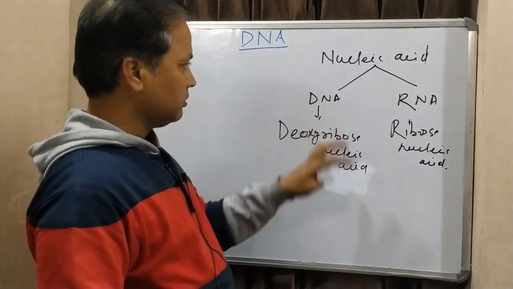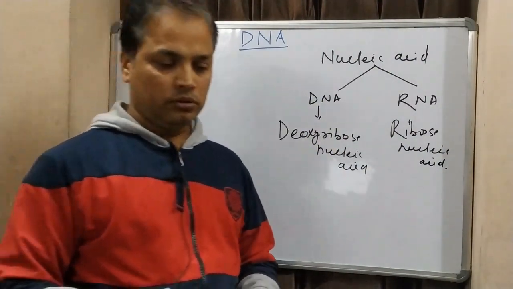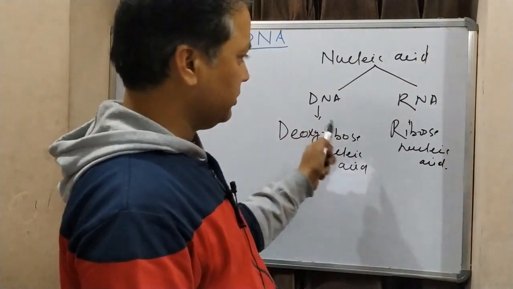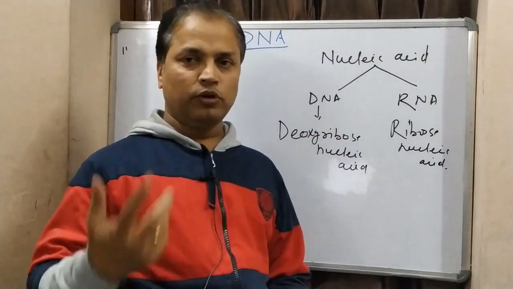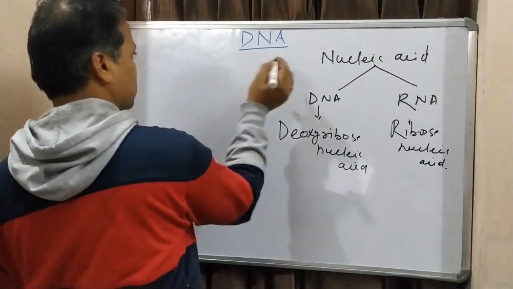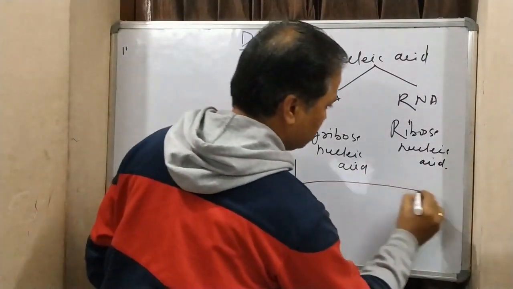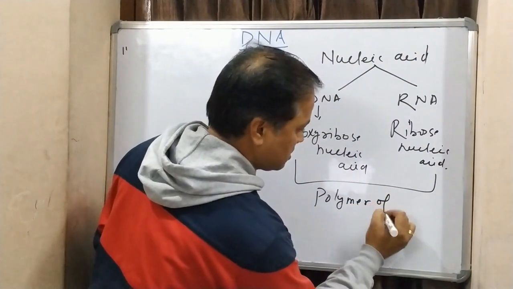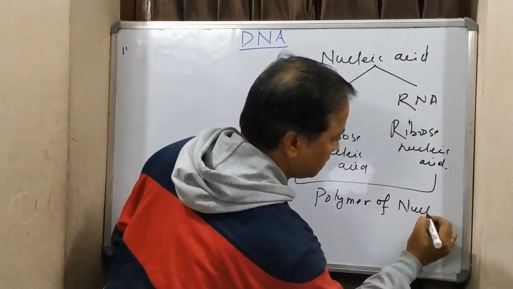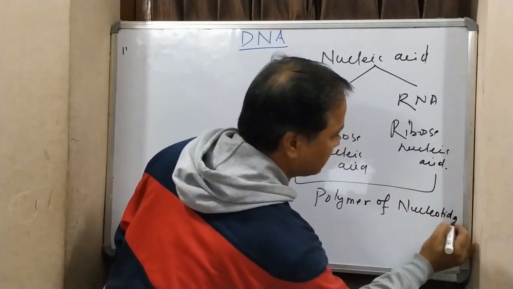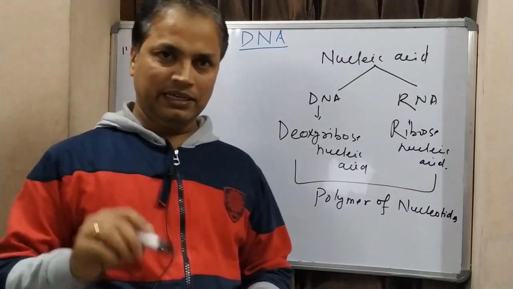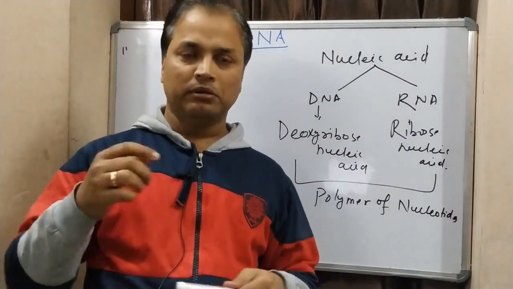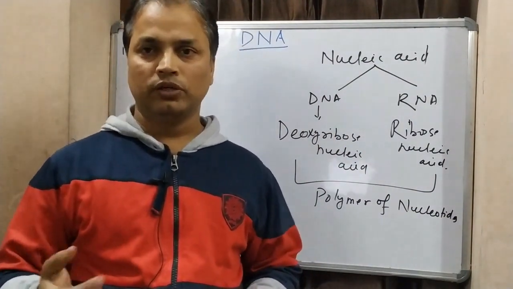Today we are going to talk about DNA. Both nucleic acids, DNA and RNA, are polymers of nucleotides. So DNA as well as RNA is composed of a number of nucleotides joined together.